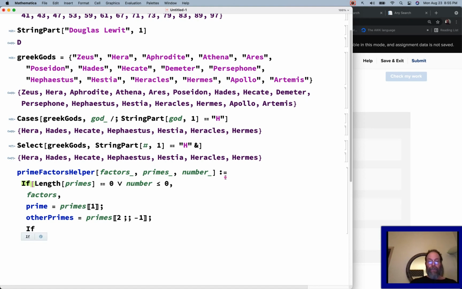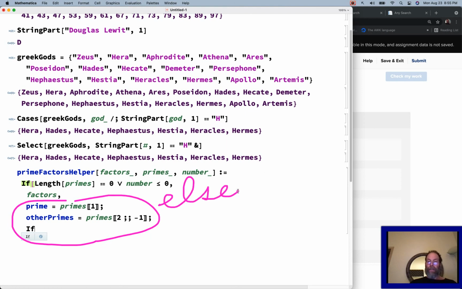Because remember, this whole thing is actually an else statement. So you need those semicolons in order to join them together into one else statement. If you separate them with commas, Mathematica will not understand what you're trying to do. All right?